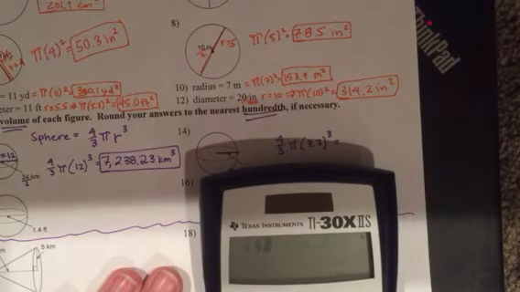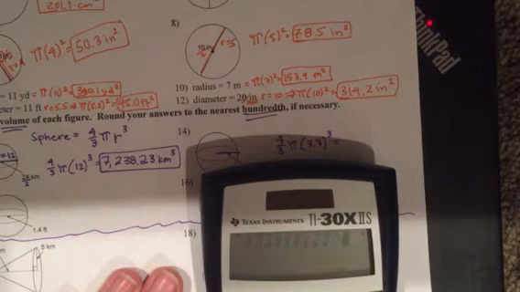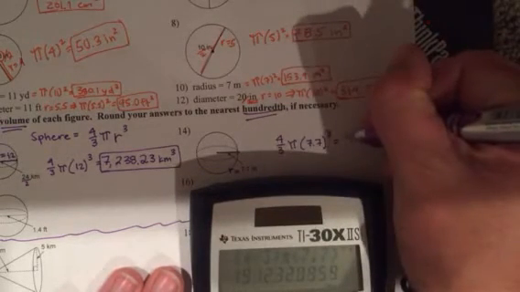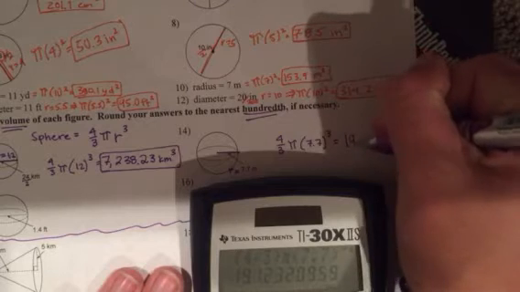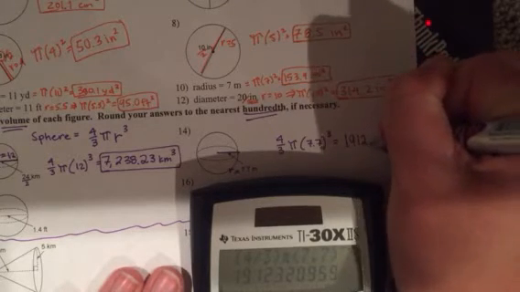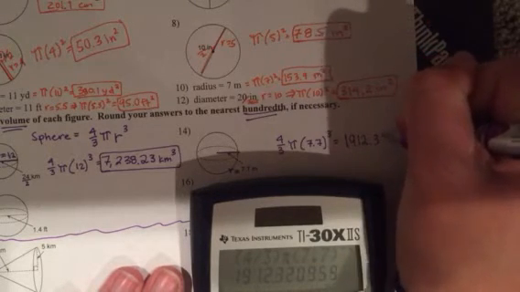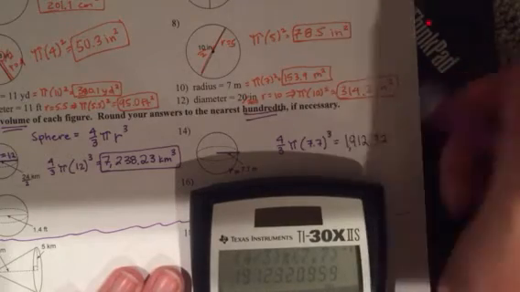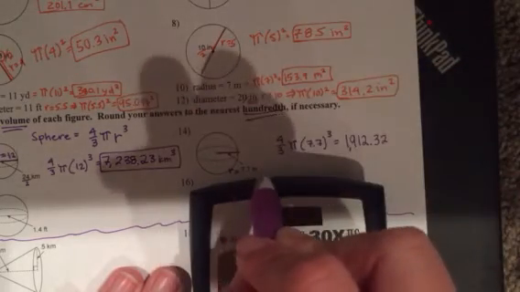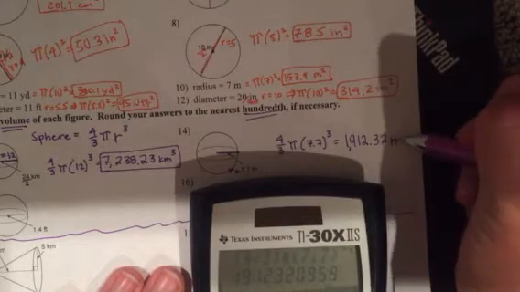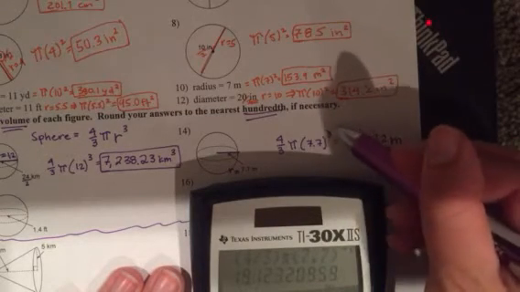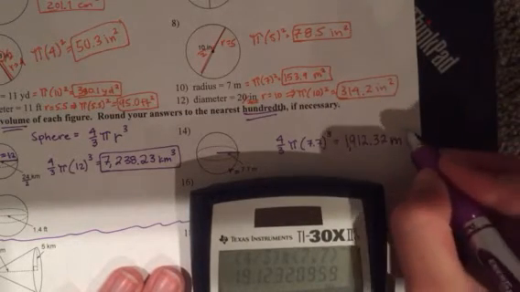Parenthesis, 4 divided by 3, pi, 7.7 cubed, to the power of 3 equals 1,912.32. The measurement is in meters, and because it's a volume, I need to cube my measurement.